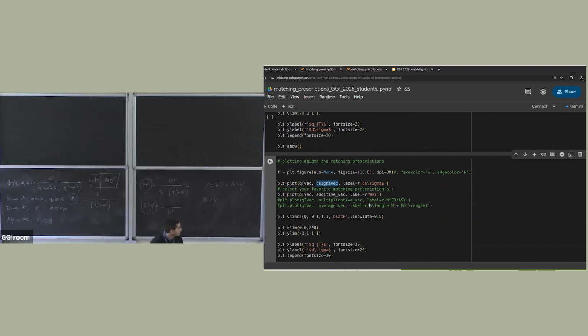For example, for the additive one, W plus Y, you just have to use this line here.